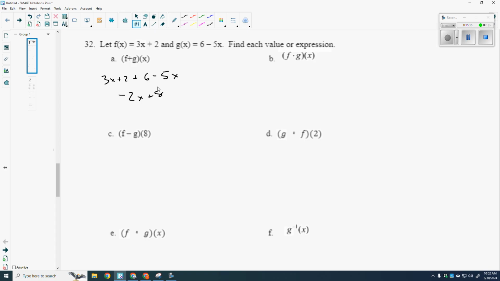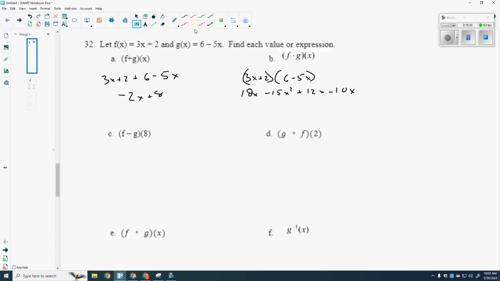Question B, multiplication. Take f and multiply it by g. So f of x, 3x plus 2, multiplied by 6 minus 5x: 18x minus 15x squared plus 12 minus 10x.